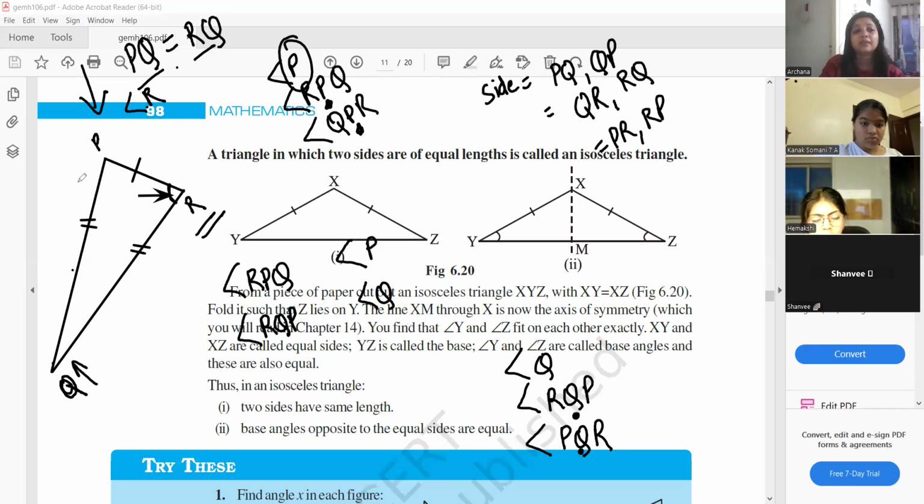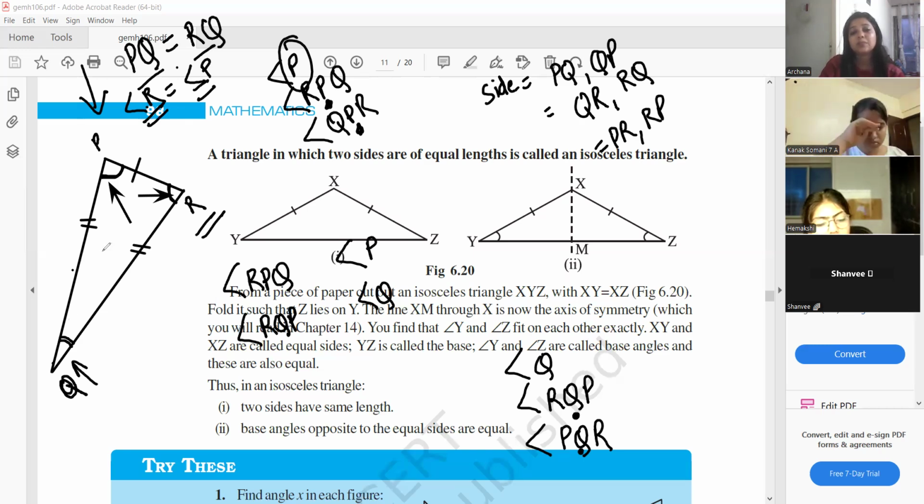But we can take the angle which is opposite to that, which is the third angle left here, angle P. Yes or no? So if I tell you that angle P and angle R are equal, do you think that my answer is correct? Yes, ma'am. It might be correct.